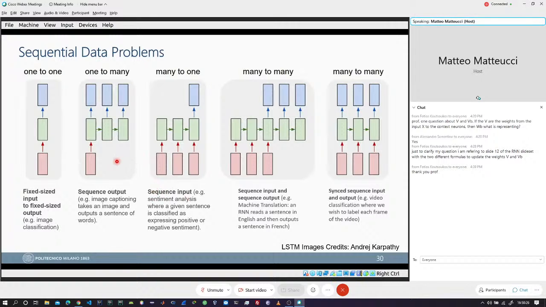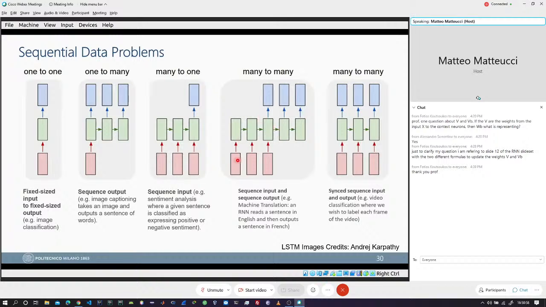What about time or sequence? Let's assume that you give an image, and this image is used to condition the output of, let's say, a long short-term memory. An example of use of this is the captioning system. And very similar, on the right, you have a sequence of input which generates a single output.